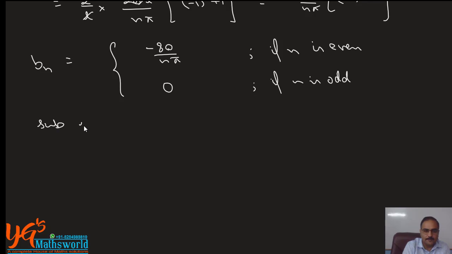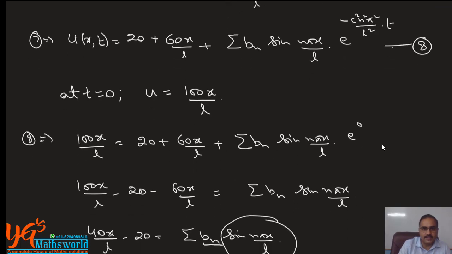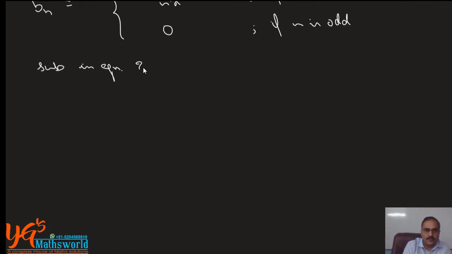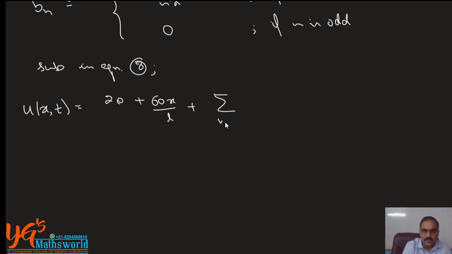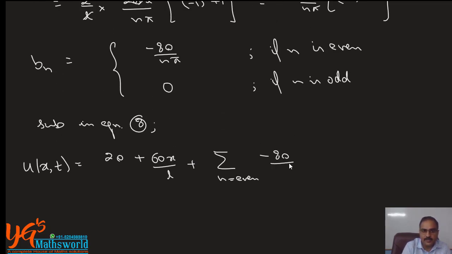So I need to substitute in the equation. Now in which equation will we substitute? We will substitute in equation number 8. Substituting this value in equation number 8, u of x,t will be equal to 20 plus 60x by L plus summation, n for even only, that will be minus 80 over n pi into sine of n pi x by L into e raised to power minus c square n square pi square over L square into t.